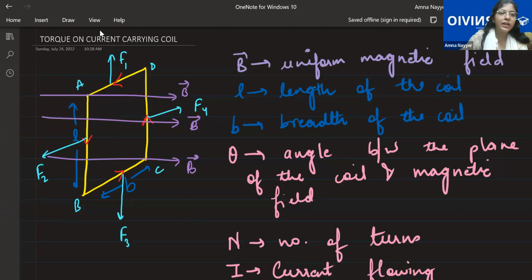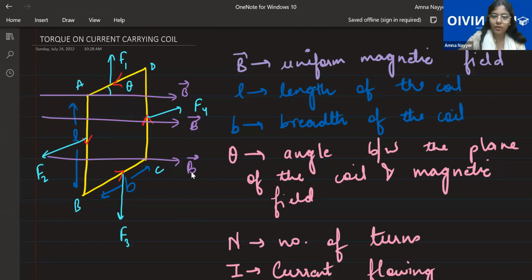Look, B is the uniform magnetic field. L is the length of this coil. B is the breadth of the coil. Theta is the angle between the plane of the coil and the magnetic field. This is the plane of the coil and this is the magnetic field, and this is theta.